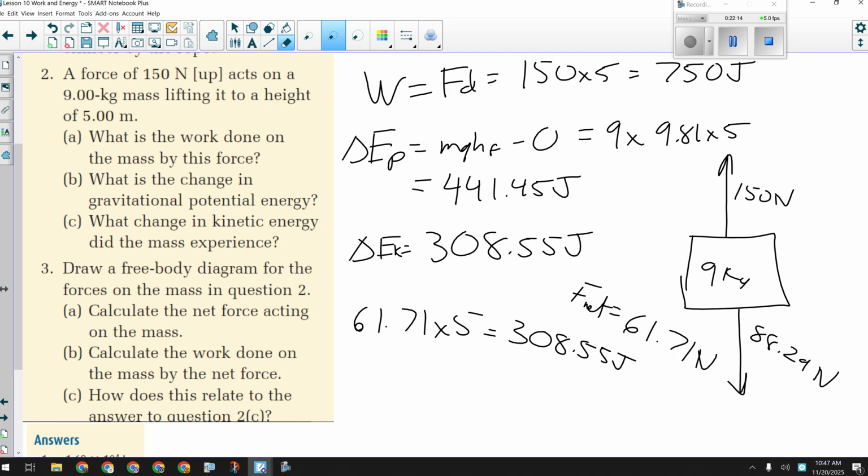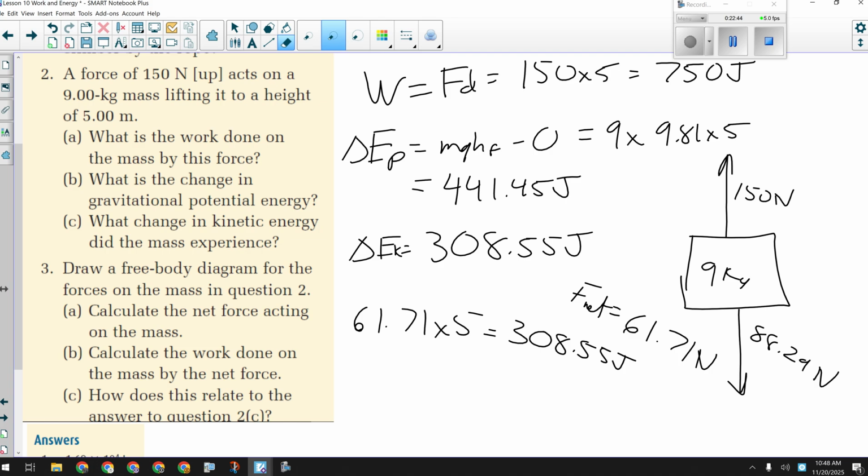So what's the connection we're supposed to make here? If there's a net force, there will be a change in kinetic energy. If there's no net force, then you're only going to change potential energy. The object will move upwards at a constant velocity. I didn't need all 150 newtons to lift the object.